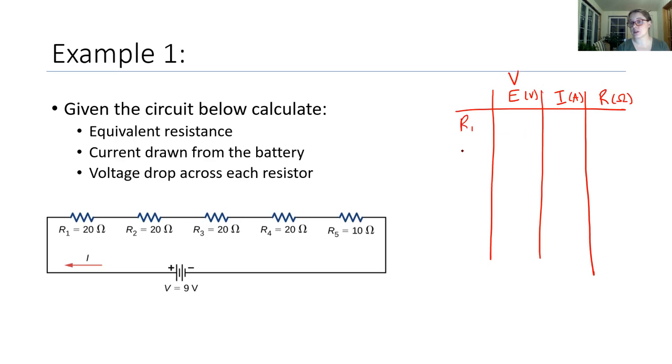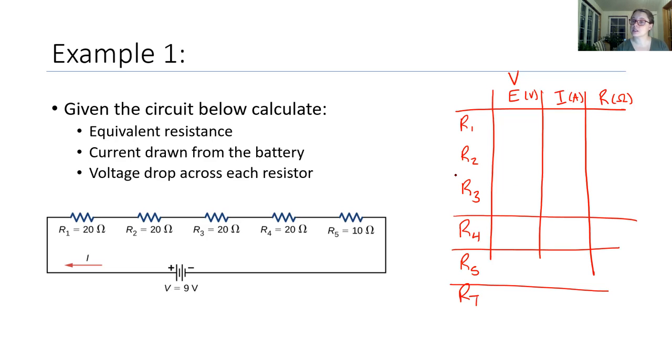We have resistor 1, resistor 2, resistor 3, 4, and our total. Extend our lines. I find this is really helpful for keeping information organized. And even for testing purposes, I'll often use it just because it helps keep everything categorized for us.